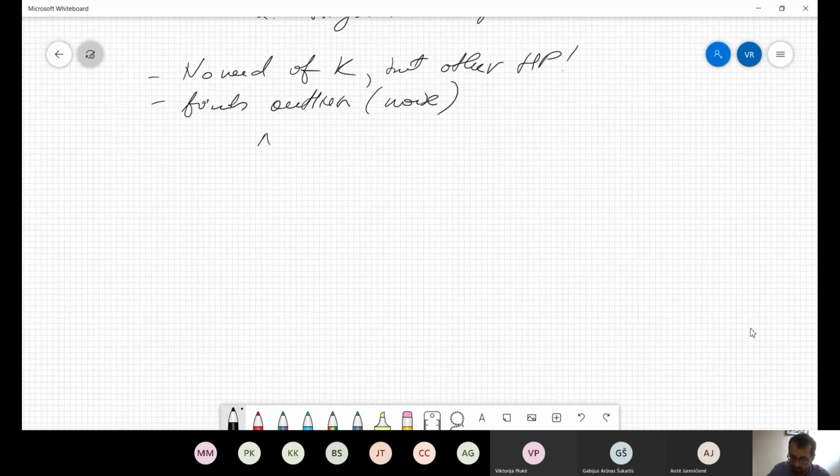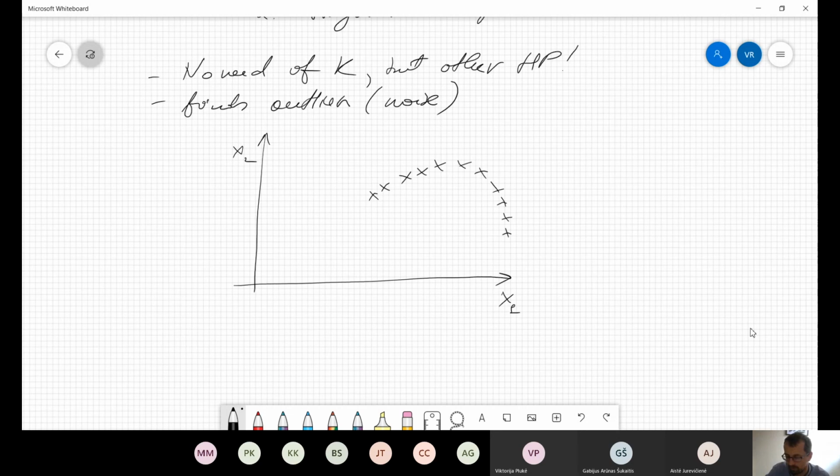Okay, so a classical example is the following: if we have a space of x1 and x2, and we have two half moons, right? So we have one half moon like this of points, and another half moon of points like this, moving inside each other. Or the situation where we have points like this and inside it a cluster.